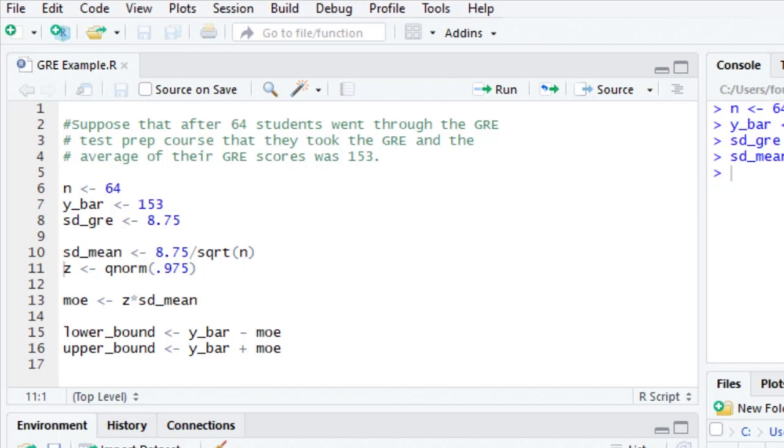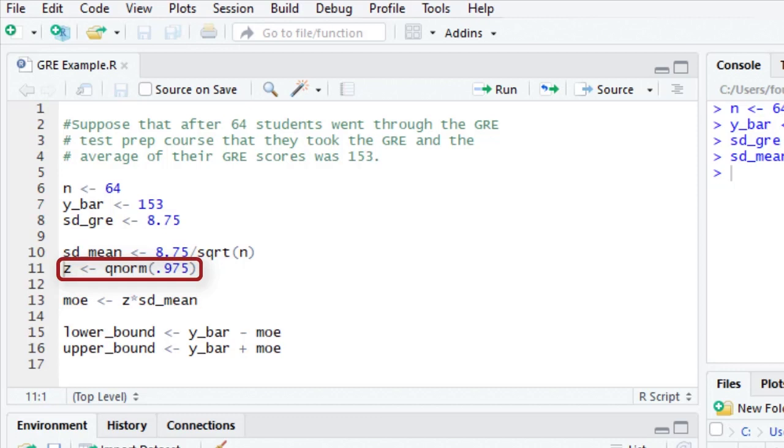Now suppose I want a 95% confidence interval. That means I need to find a z-score that has 0.975 of the total area, where the area is represented by 1, beneath that critical value. That's a z that I can find using qnorm of 0.975.